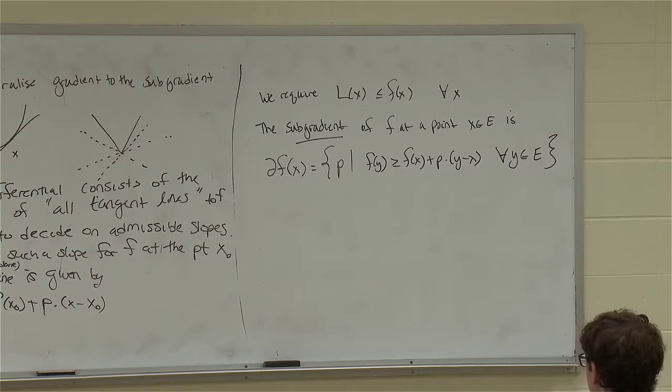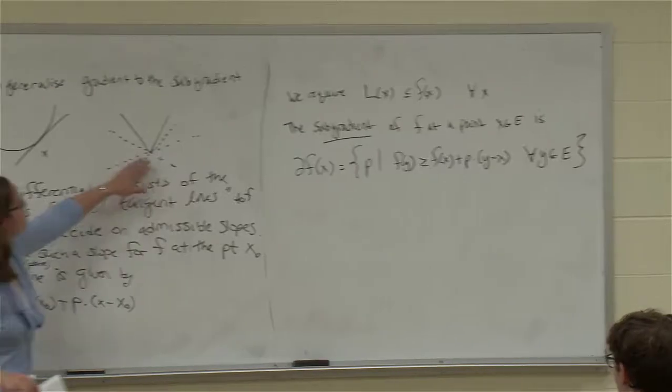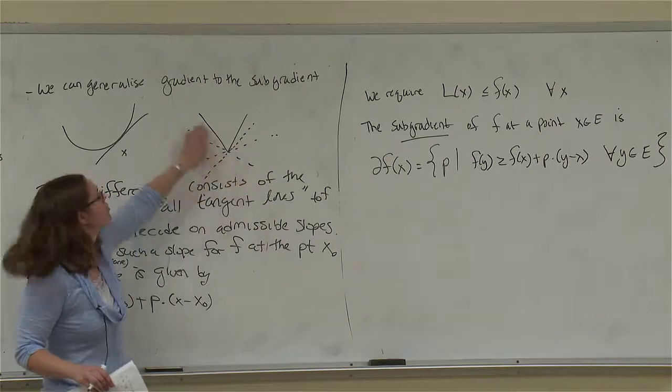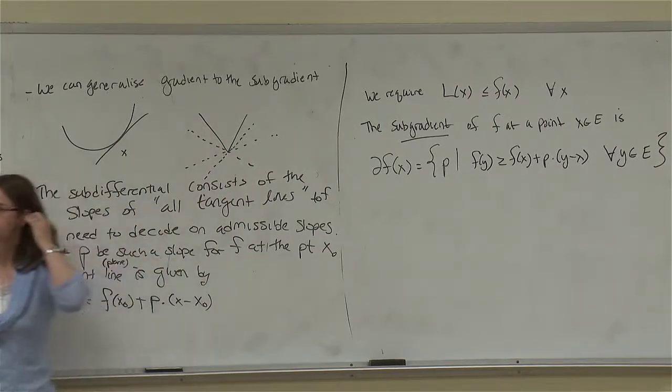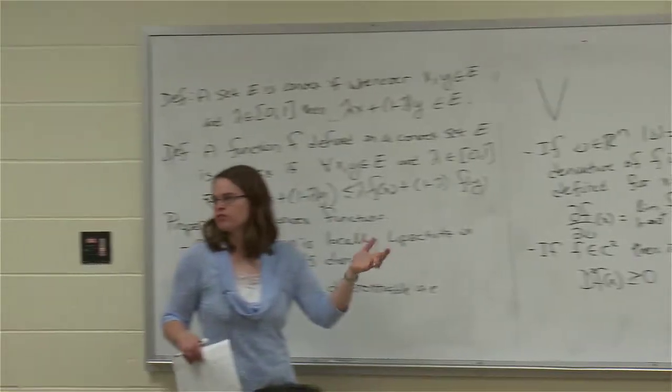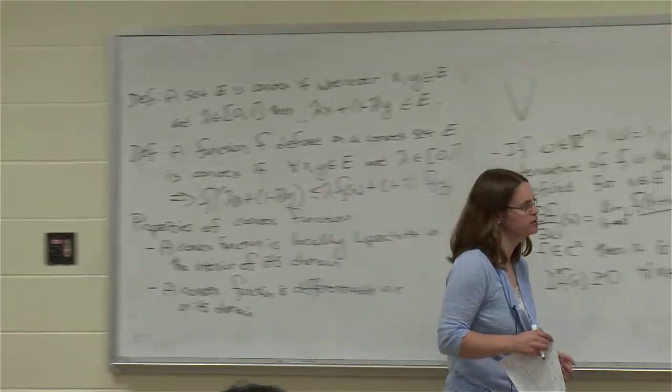And again, this could be set valued. It could have many values. It could have just one value. Maybe it could be empty. But this is how we're going to generalize the notion of the gradient.